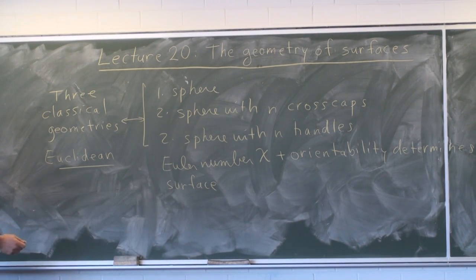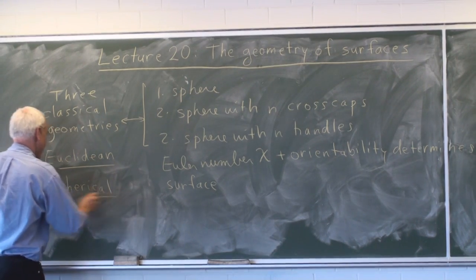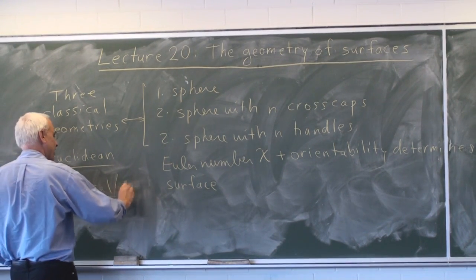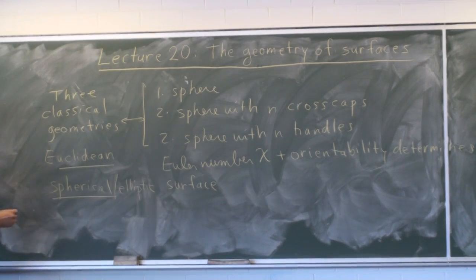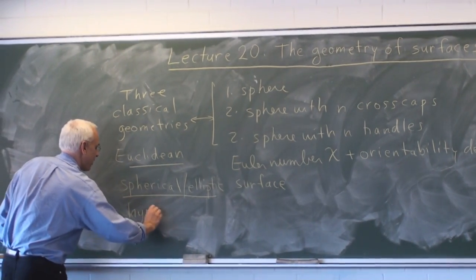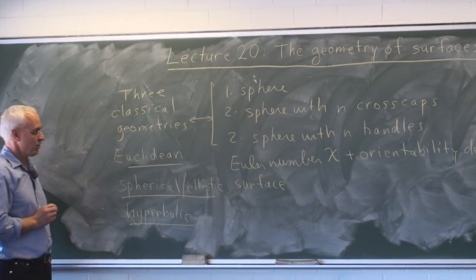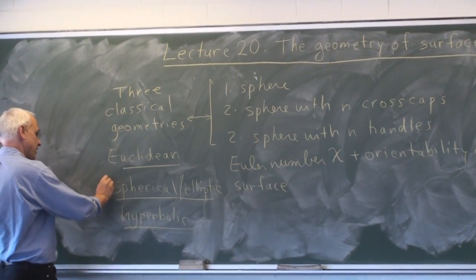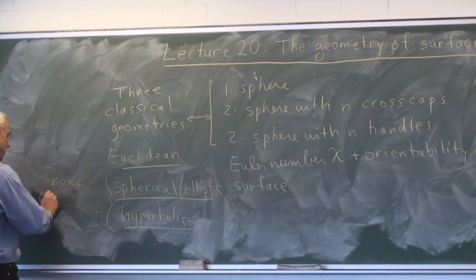But there are also two others, so-called non-Euclidean geometries. One of them is called spherical geometry, or elliptic, slightly different, but pretty close. And the third is hyperbolic. So these are three classical geometries, and these last two are usually referred to as non-Euclidean.